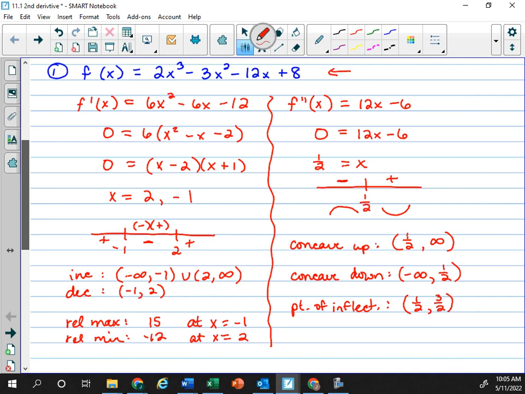Okay, what I want you guys to do now is take this information about where it is increasing, decreasing, max, min, concave up, concave down, point of inflection, and sketch this graph for me. Your x and y intercepts don't have to be perfect, but I want you to sketch the rest of it.